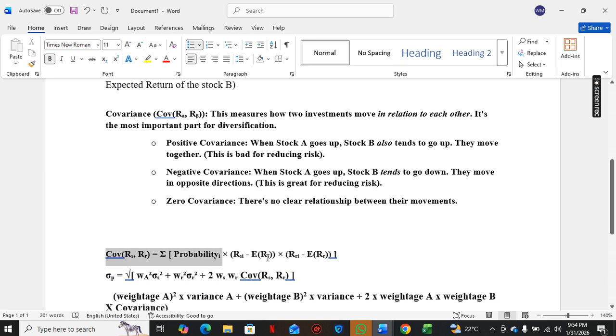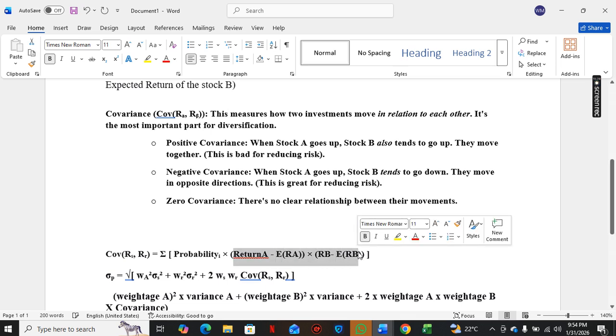So this is how you get the covariance: the probability multiplied by the return of A minus the expected return of A, multiplied by the return of B minus the expected return of B. Remember, these are the deviations we were calculating earlier on.